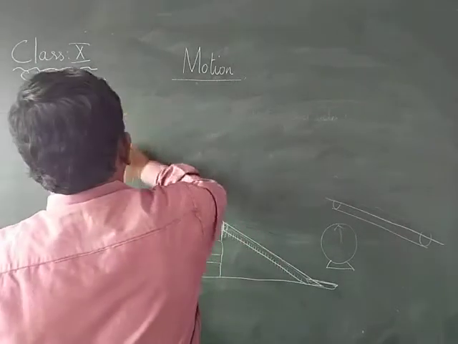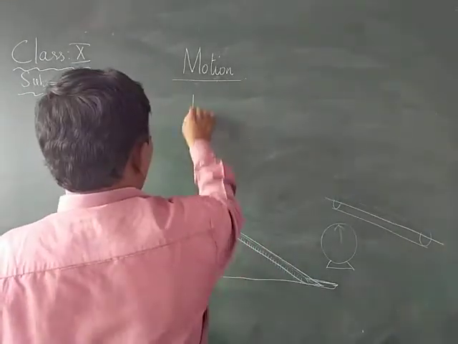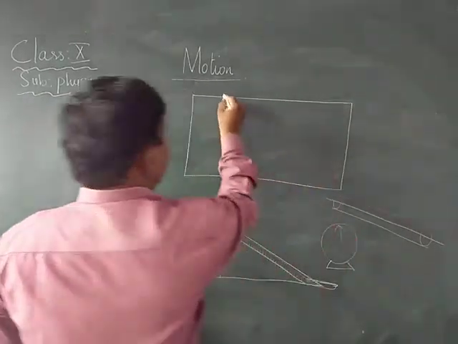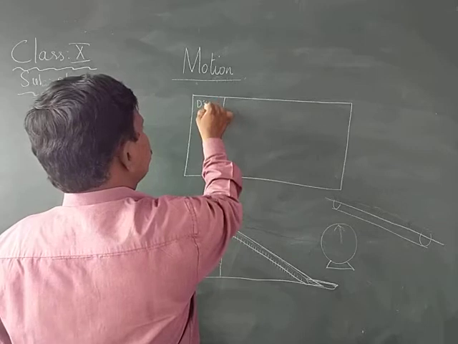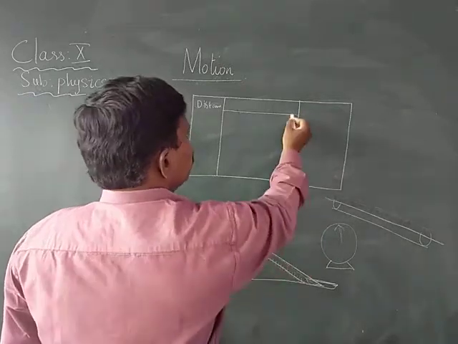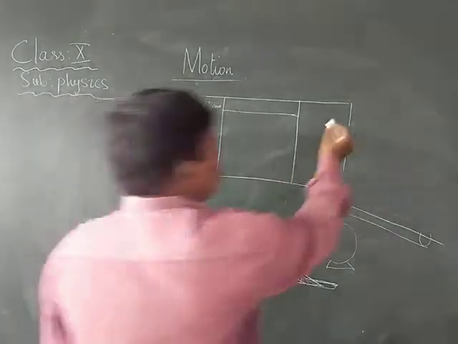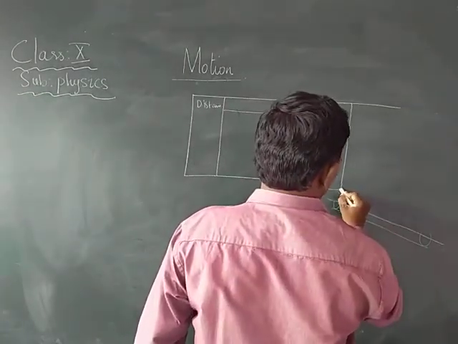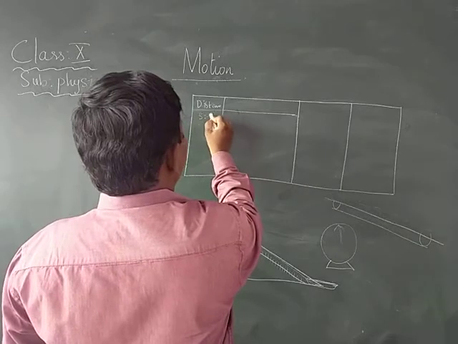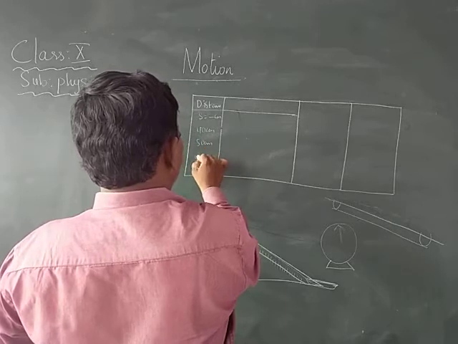What should you note? You should draw a table. In that, the distance, that is S, is equal to how many centimeter: 40 centimeter, 50 centimeter, 60 centimeter, like that.